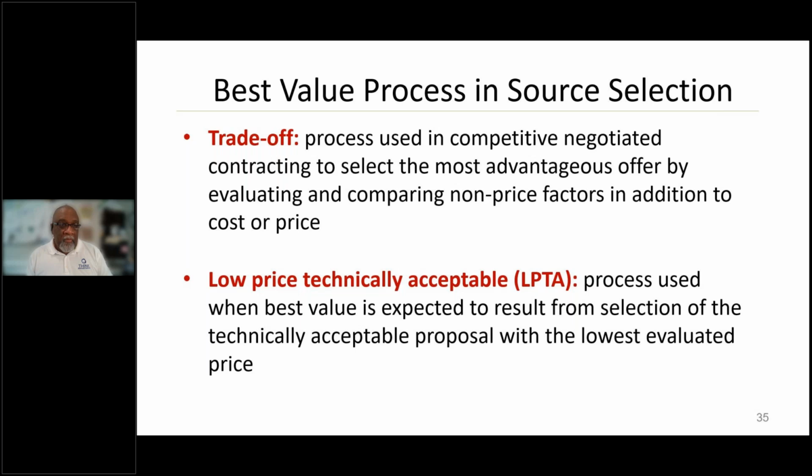Lots of times when the LPTA strategy is used, it's for commercial goods and services, things that are routine. There's not a plan. No one's looking for a plan. It's just, is it technically acceptable? Is the thing we're acquiring technically acceptable? And then it shifts to second grade math. What number is less than or equal to another?